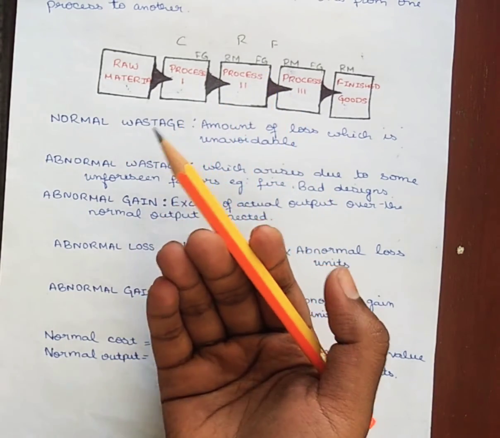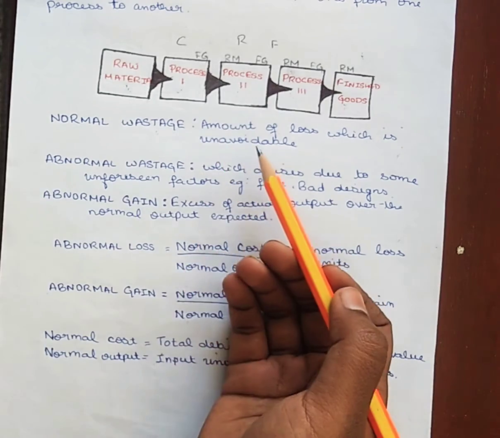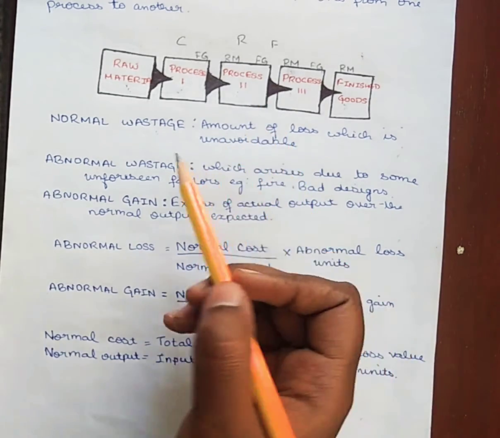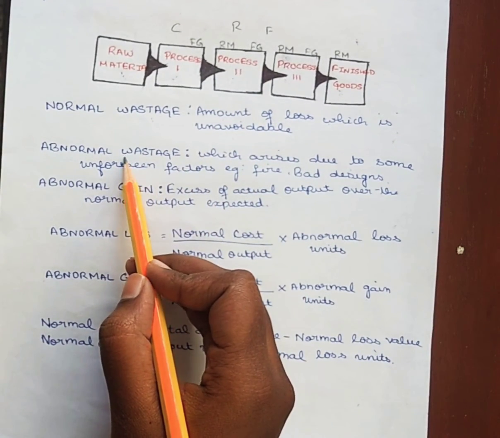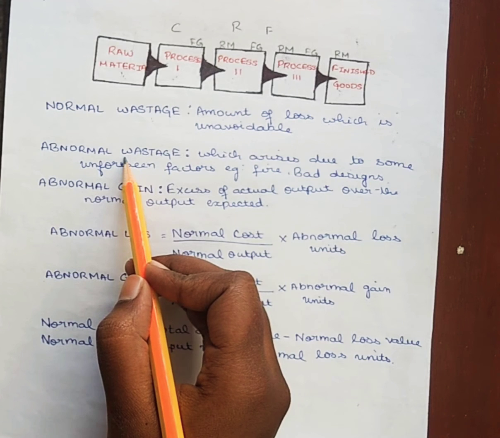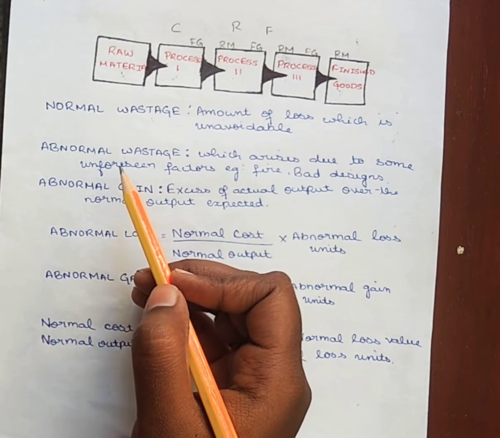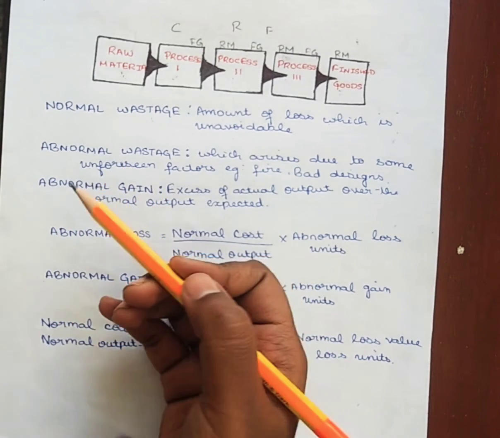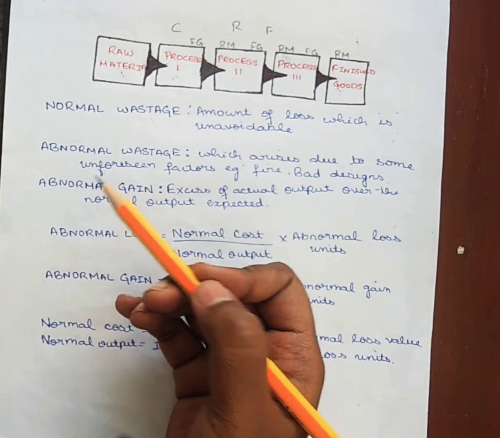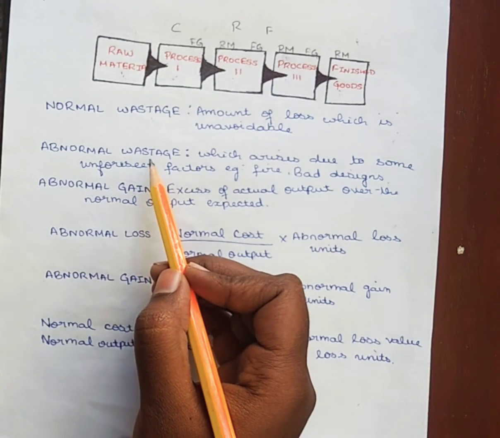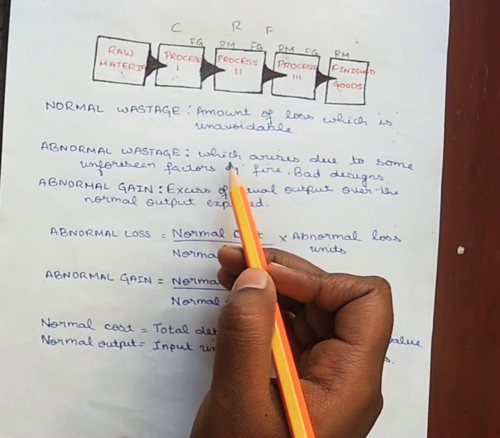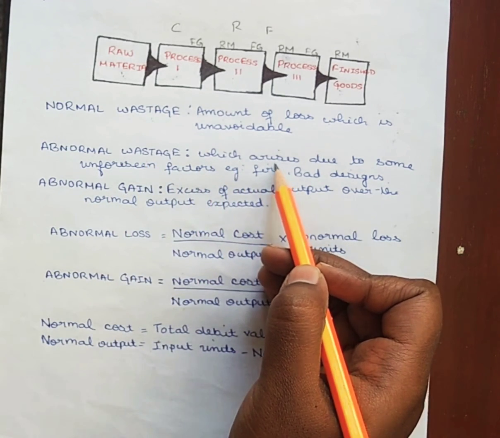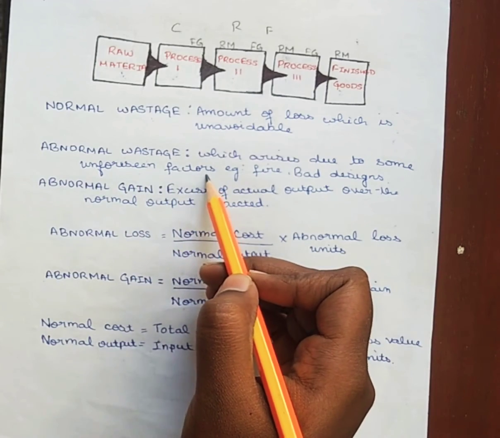That is known as normal waste, which you cannot avoid. The next we have is abnormal waste. Abnormal waste is nothing but which will arise due to unforeseen factors. For example, suddenly there is a breakage of machinery or there is fire, then that is considered to be abnormal waste. Abnormal waste arises due to some unforeseen factors.